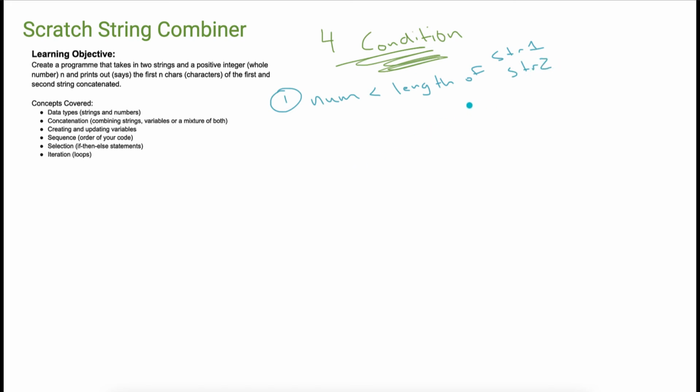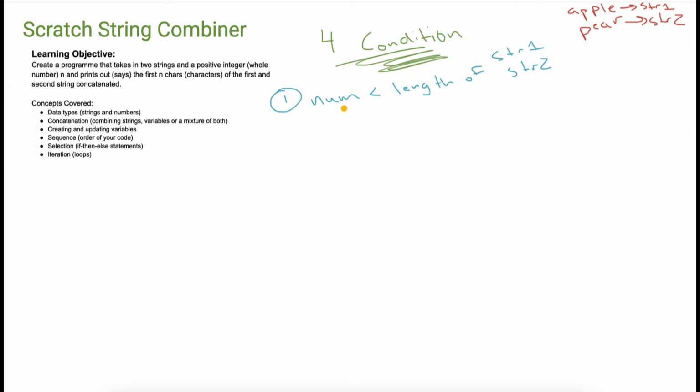So let's pick a couple words that are kind of short. We'll go with apple again as string 1, and we'll go with pear as string 2. So apple is str1, and pear is str2. And here's what would happen if the length is less.